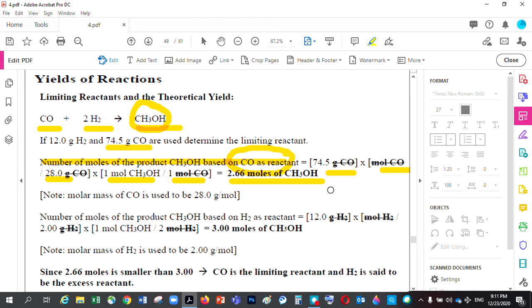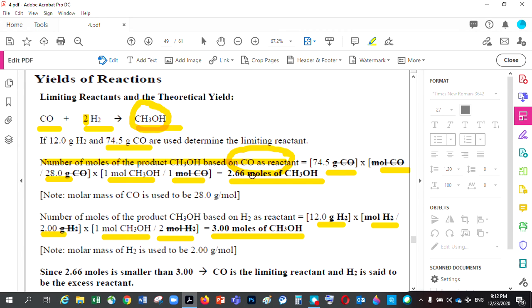Now let's look at if I use 12.0 grams of hydrogen. So 12.0 grams of hydrogen divided by the molar mass of hydrogen, which is 2 grams per mole. And 1 mole of the product methanol corresponds to how much hydrogen? To 2 moles. So don't forget the 2 moles of hydrogen, and it came out to be 3.00 moles of methanol.